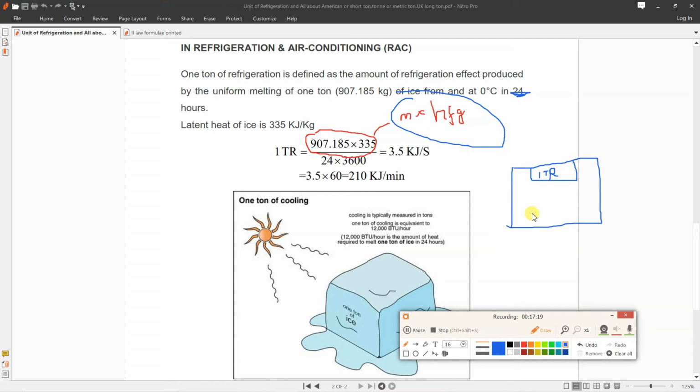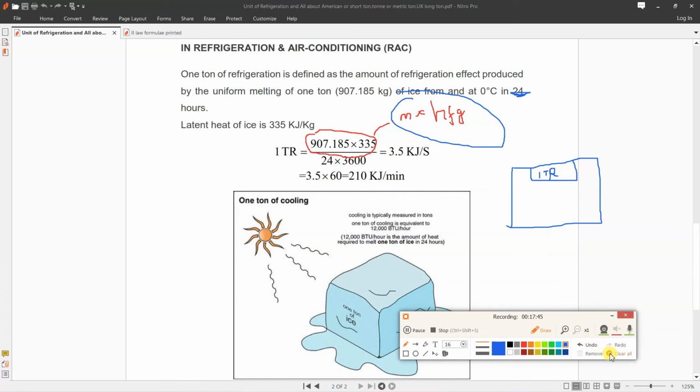Suppose this is a room, and in that room we are connecting 1 TR of AC. What is the meaning of that 1 TR? It is removing 3.5 kilojoule per second of heat from the room. 3.5 kilojoule per second of heat is removed from the room. This is the meaning of 1 ton of refrigeration.